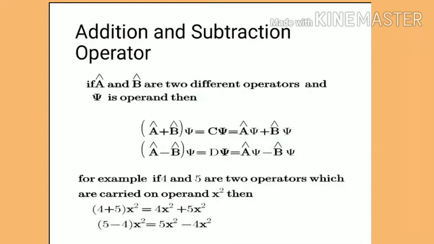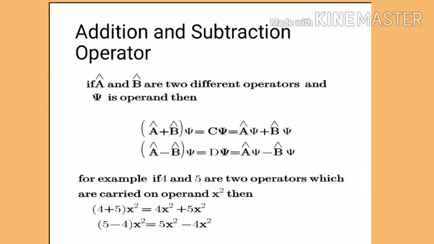Addition and subtraction of operators. If A cap and B cap are two different operators and psi is the operand, then this is the formula: A cap plus B cap, the addition of these operators, is applied on the psi function. So what will be the result?